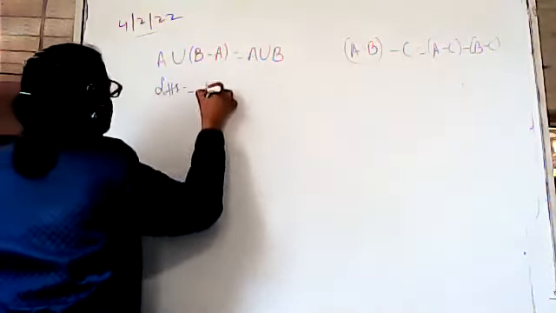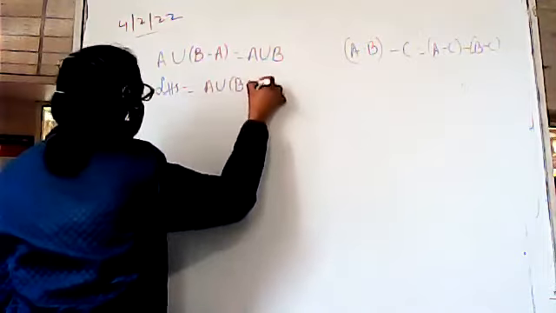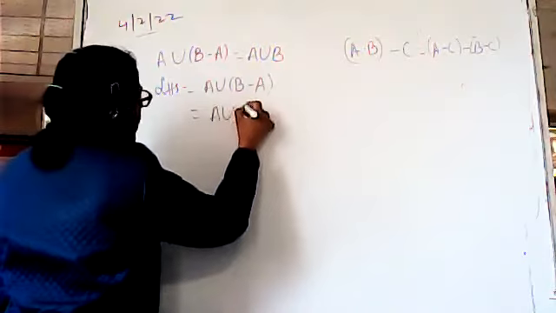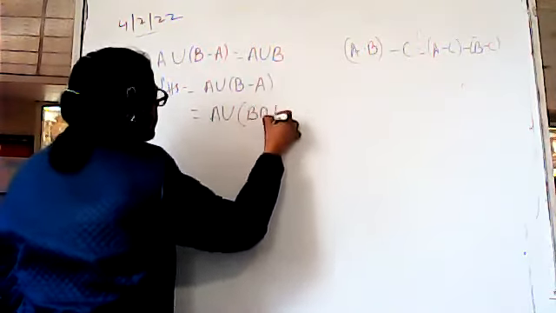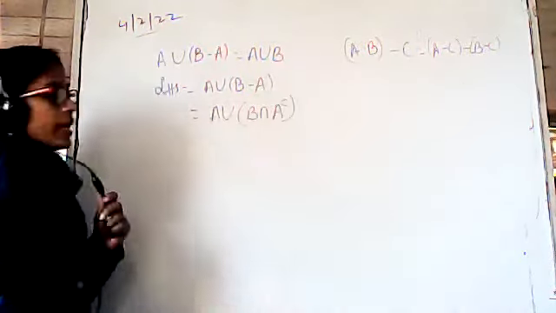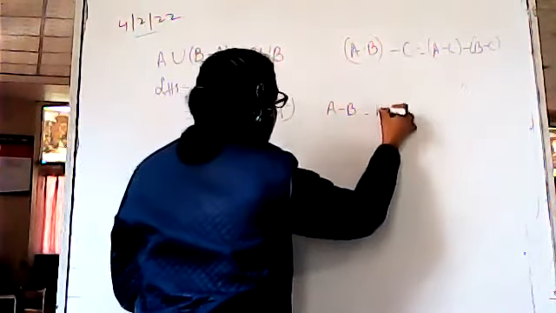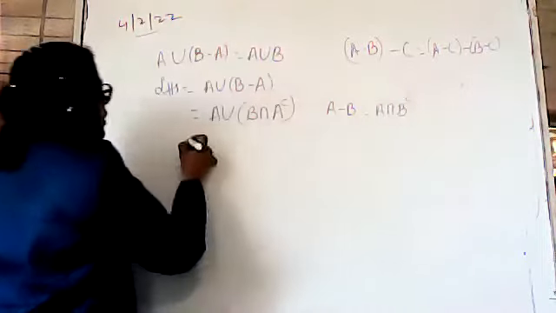Left hand side equals A union B minus A. First of all, B minus A can be written as B intersection A complement. Again, we are using the result A minus B equals A intersection B complement.